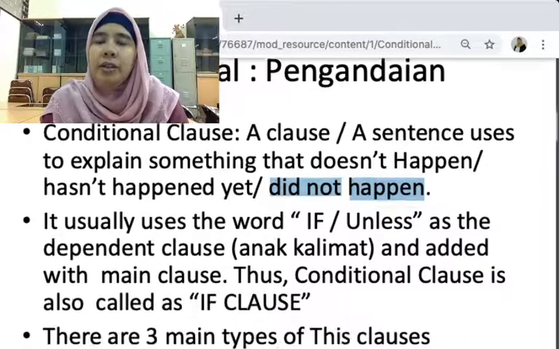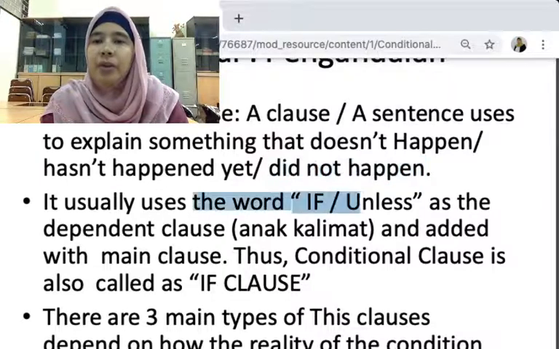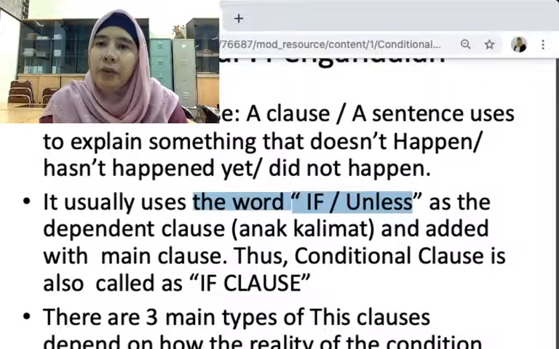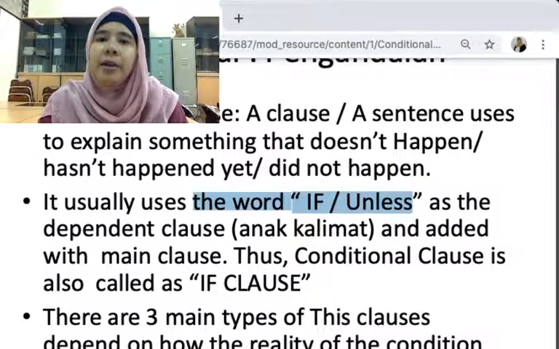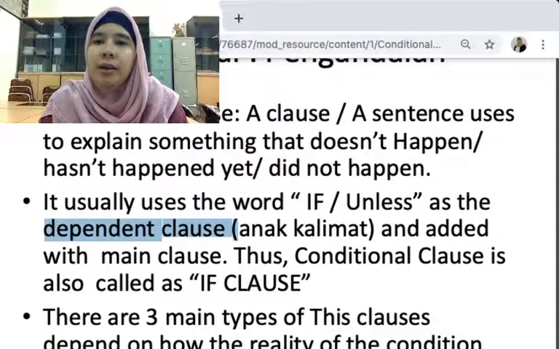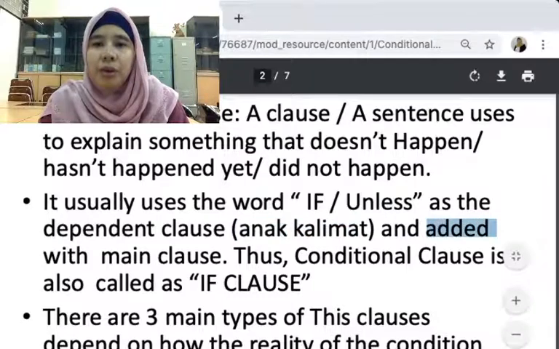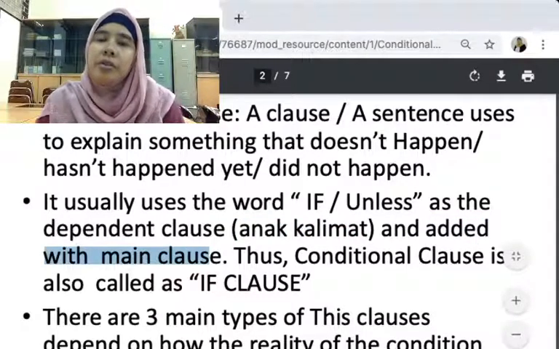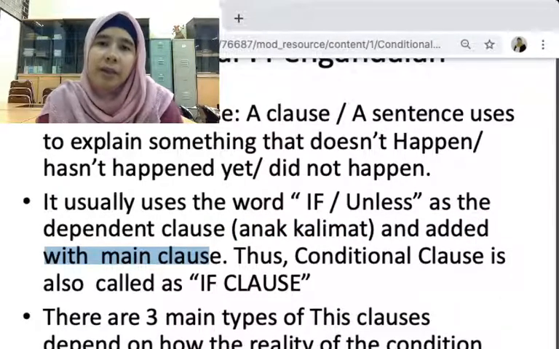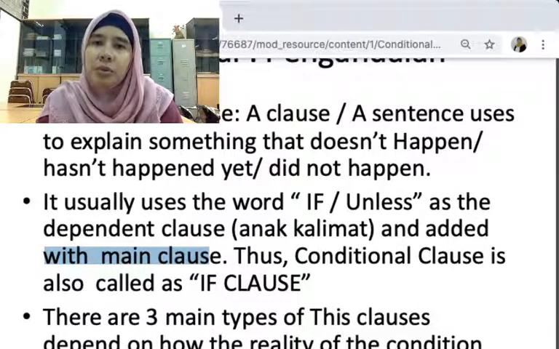It usually uses the word if or unless, biasanya menggunakan if or unless as the dependent clause atau anak kalimat, and it is also added with the main clause. So in your conditional clause, there should be two clauses. Dalam satu sentence harus ada two klausa.